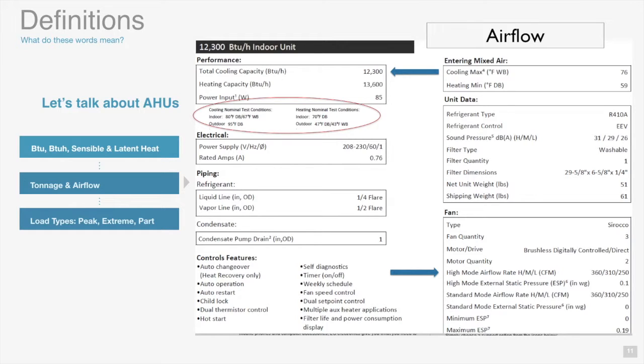So, for instance, if you want to have a 75-degree summer set point inside of your home, you would expect to probably have a little bit less cooling capacity with this unit because it wasn't tested. It was only tested for an indoor condition at 80 degrees. So it's going to have to work harder to make your home cooler.